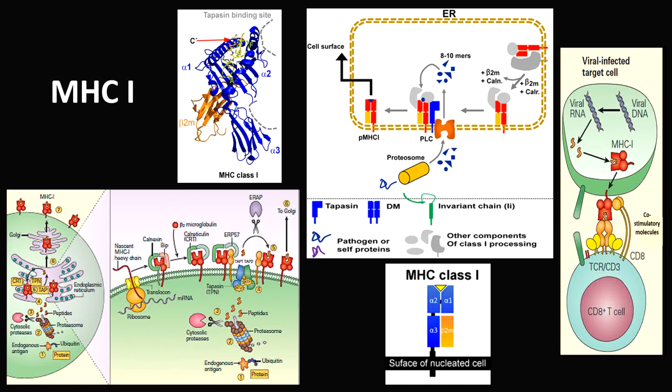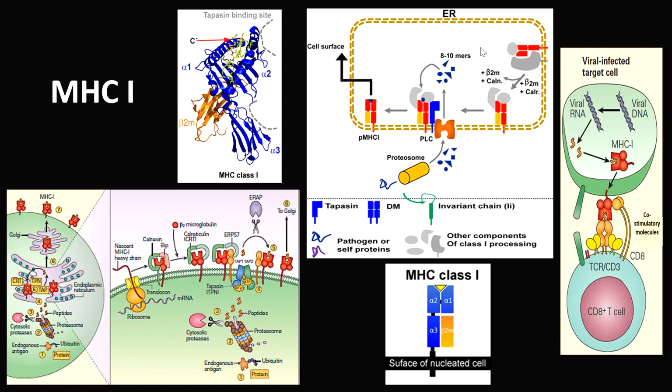So what happens after trimming of the peptide by these cytosolic proteases? The antigenic peptides are translocated to the endoplasmic reticulum, or ER, by the transporters associated with antigen processing, mentioned here as TAP1 and TAP2 molecules.